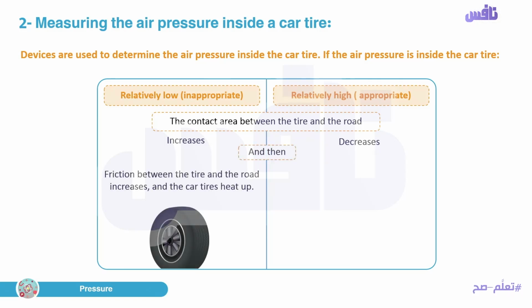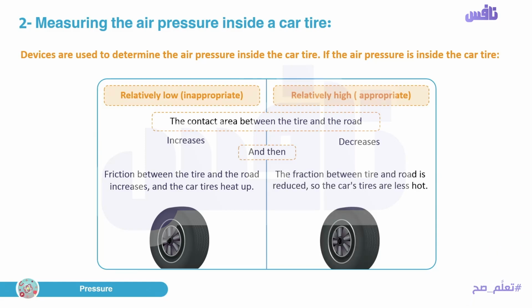Friction between the tire and the road increases and the car tires heat up. I will find that the wheel of the car, the tire, is hot. Why? Because the friction increased, and whenever the friction increases, naturally the thermal effect will increase, and of course the fuel consumption will increase. But on the other side, the friction between tire and road is reduced, so the car's tires are less hot. And with that, friends, we have reached the final of this one.